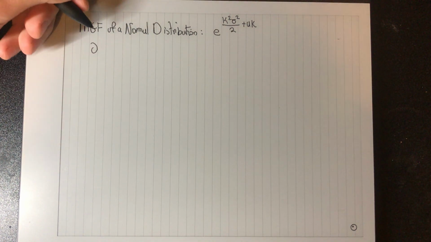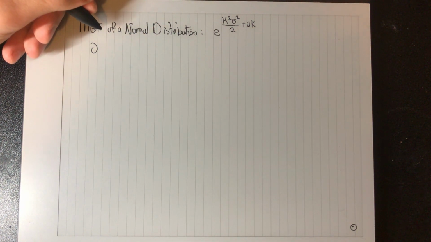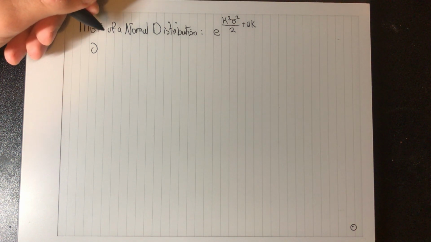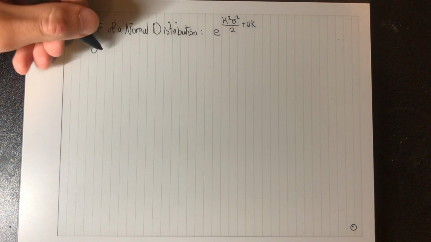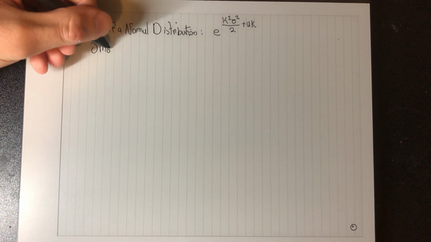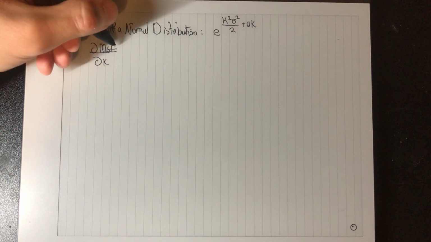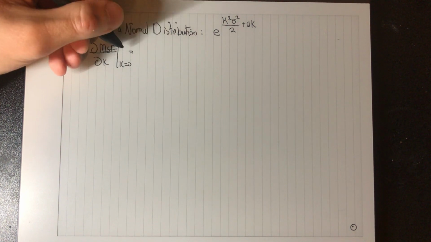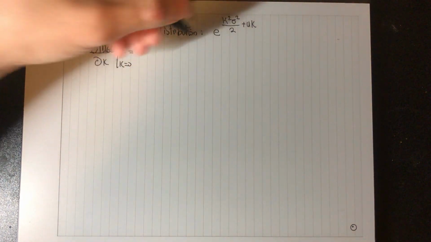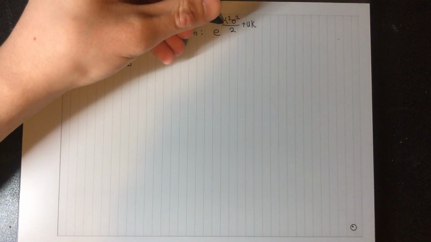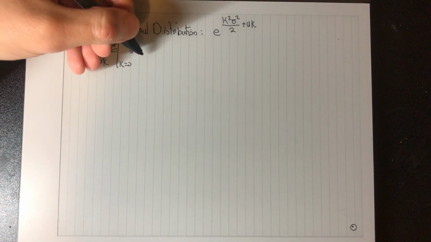And if I take the derivative of that with respect to k and set k equal to 0, well, what we'd get is, take the derivative of that.